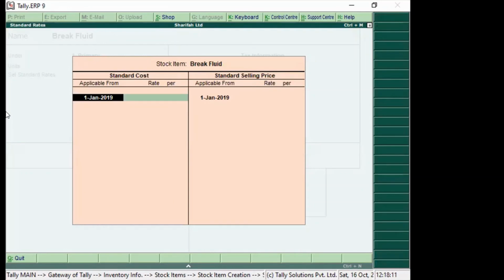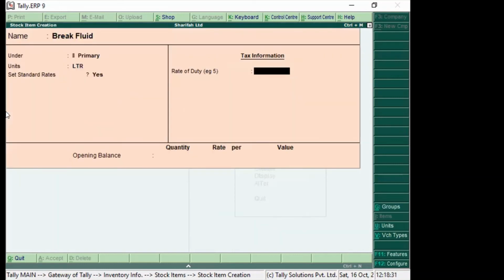And then the rate is how much? 10,000 and the selling price is 13. 10,000 per liter, selling price is 13, right? Per liter. The rate of duty is 18. Quantity on hand is 40, isn't it? Enter, rate is 10,000, cost like that. Finish like that. Then we finish, isn't it?